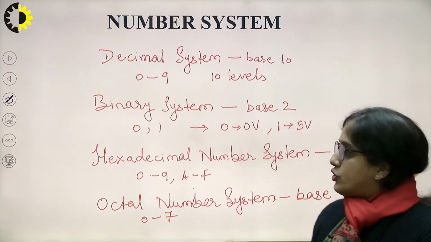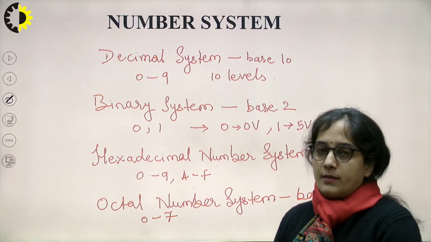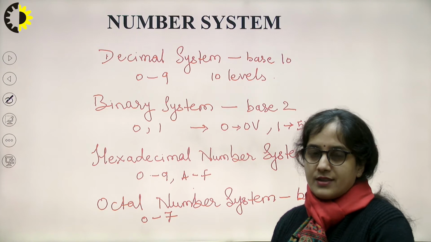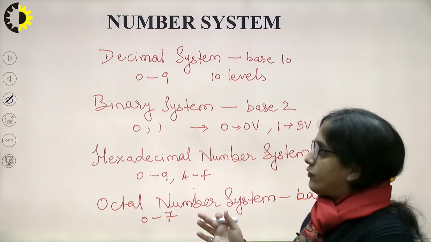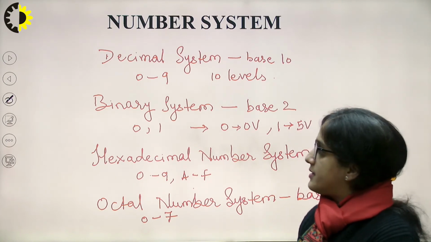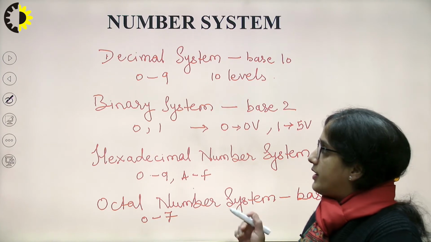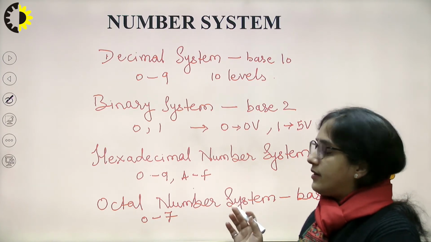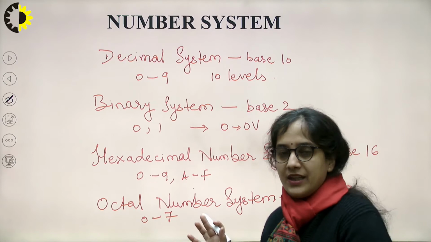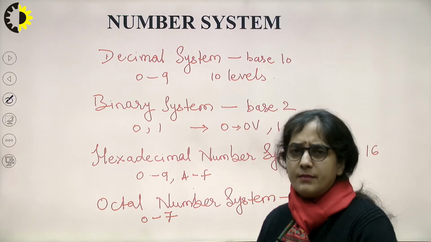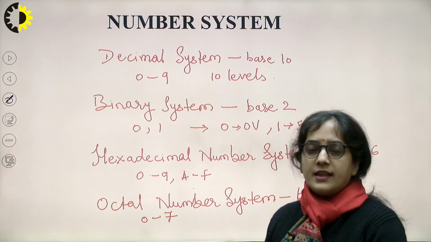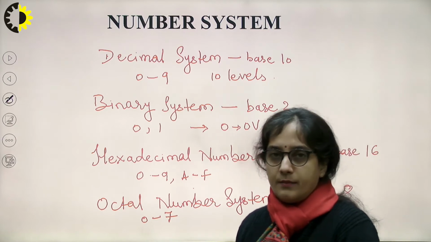These are the four number systems we are going to discuss in detail, so that we become familiar with them and use them in writing a program for the microprocessor.